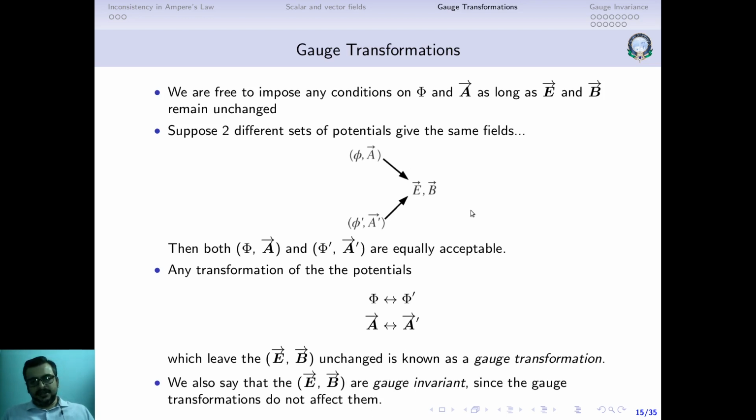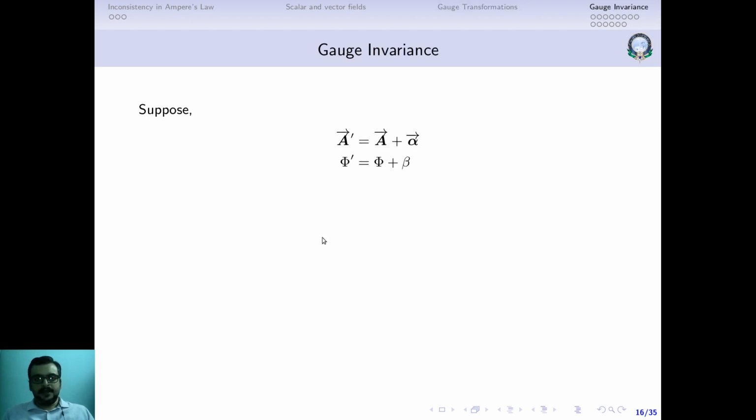Because in gauge transformations the electric and magnetic fields remain unchanged, or invariant, we say that the electric and magnetic fields are gauge invariant. So any gauge transformation does not affect the electric and magnetic fields, and hence they are known as gauge invariant.